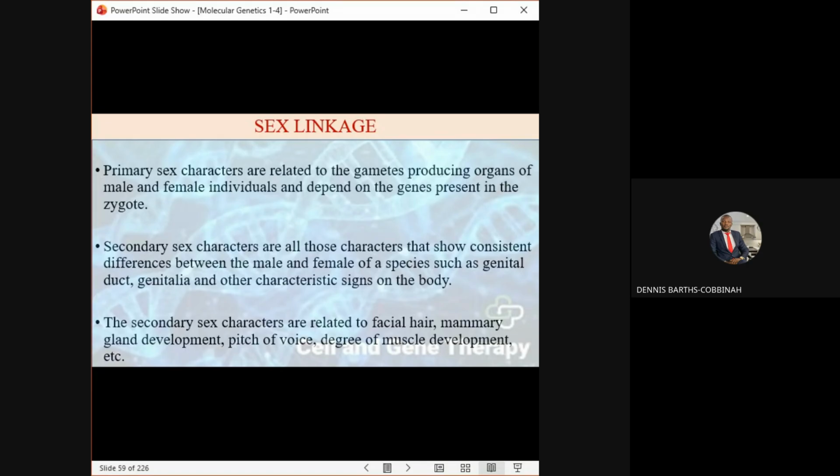Of course, they are features that are the physical expression of those genes that were present during primary sex determination. It is also observed in the secondary characteristics, like pubic hair development and all that. All right, so those are the secondary sex characters, related to the ones that I have mentioned.